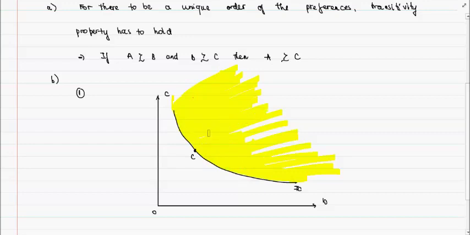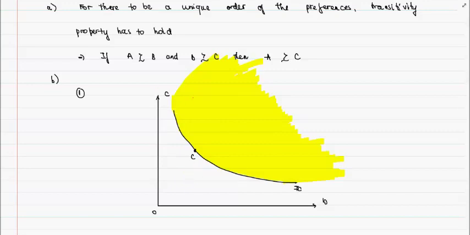Now I'm going to draw an indifference curve corresponding to bundle B and also find the preferred set of B. We know that bundle B is weakly preferred to bundle C, so it has to lie on a higher indifference curve, or at least in the preferred set of C. It can't be in this area; it can't be below the indifference curve.